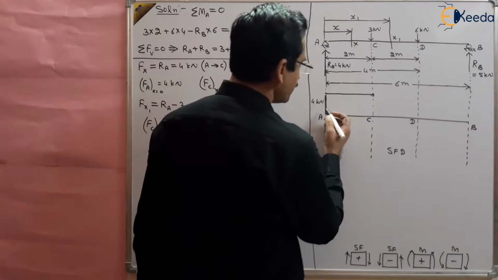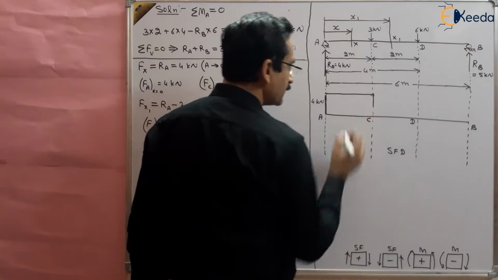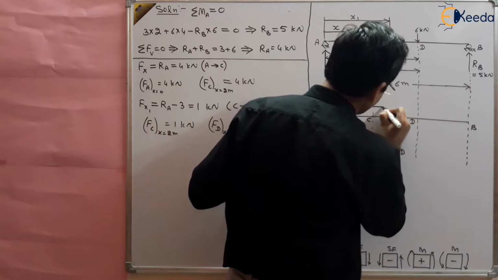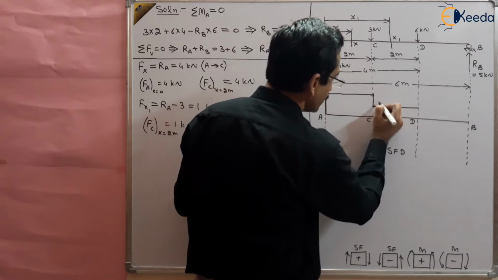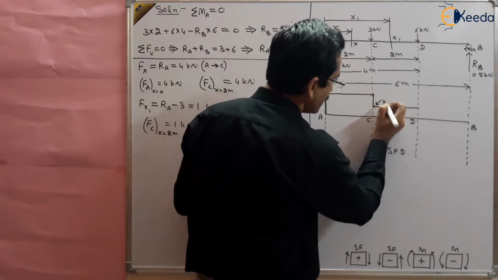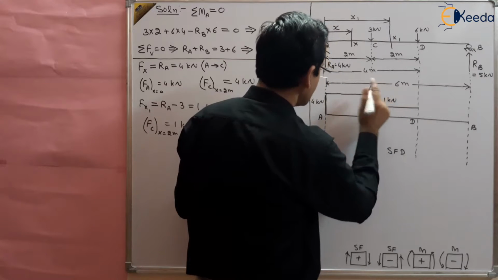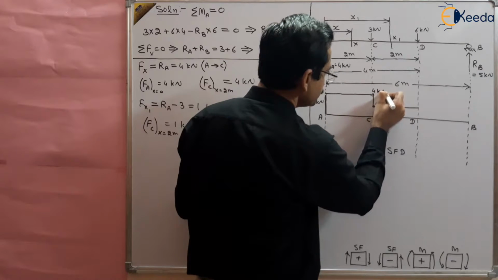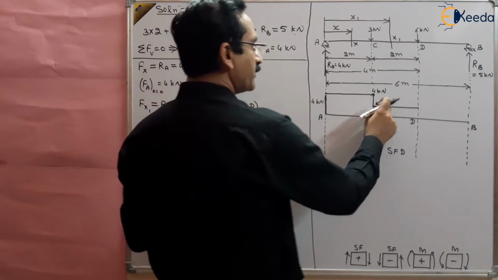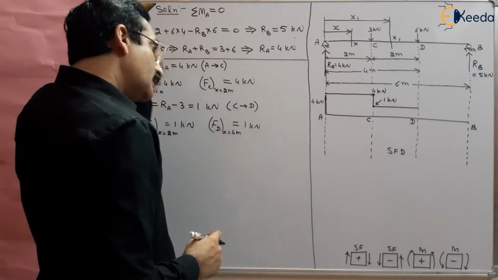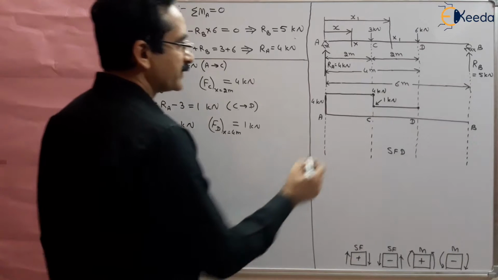This was 4 and now it is 1, so there is a reduction in force like this, and it is now constant at 1 kilonewton.